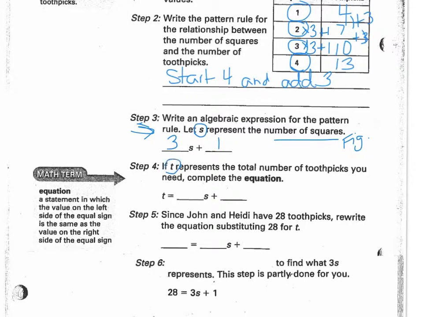If T tells me what the total number of toothpicks is, I'm going to redo the equation. John and Heidi have 28 toothpicks, so that number would go here, 3 being what I'm doing each time, plus the 1 I have to add.